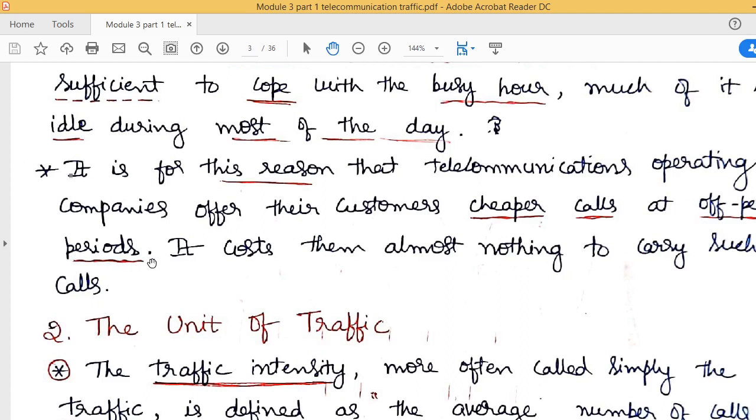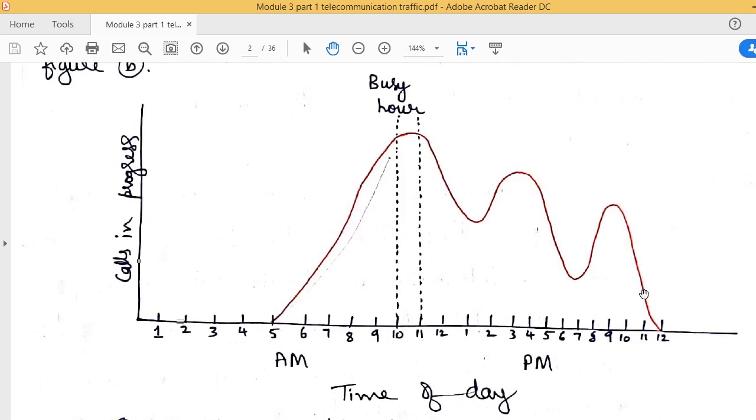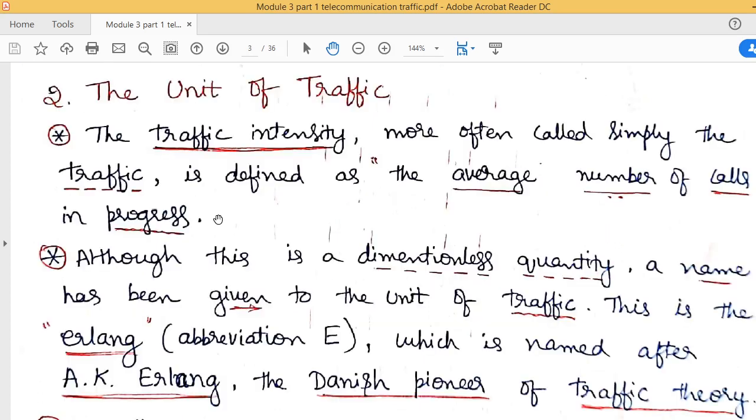Off-peak periods in the sense you may observe some telecommunication operators providing cheaper calls during night, that is from 11 p.m. to morning 6 a.m. So that was observed because during that time the number of calls that are in progress is very small, and we can make use of that particular duration to serve a few users.